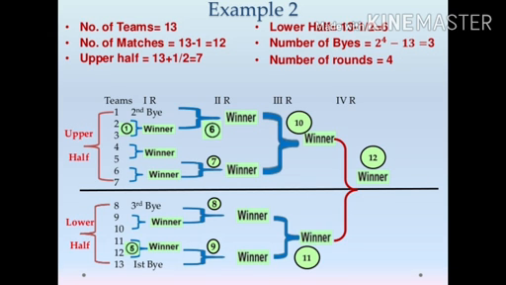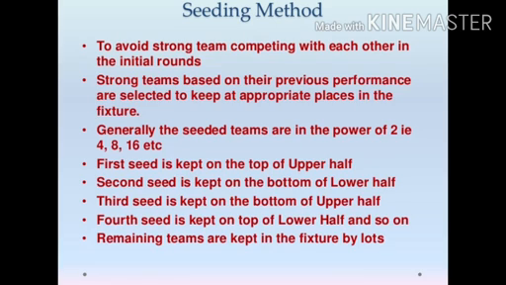Why is the procedure giving like this? Now I will tell you why. This is a knockout system, so we will put the good teams in such a way that a good team does not play in the initial round and get eliminated.